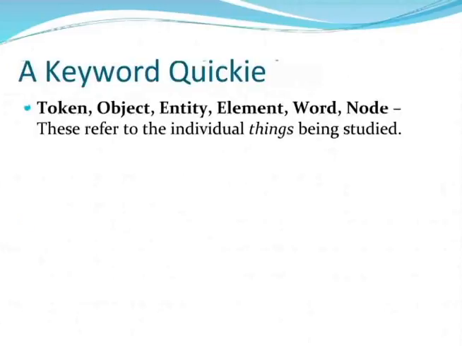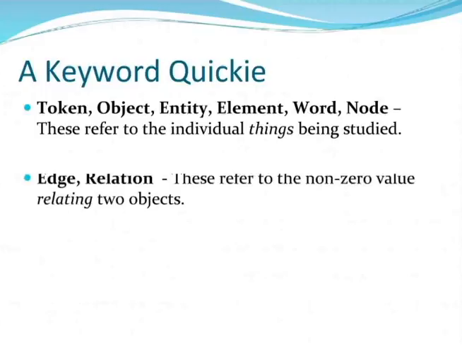Okay, for the keyword quickie. There are a lot of different ways to refer to the objects that we deal with as our data. Tokens are a common term in text analysis; for Java, objects, entities, elements. These are all the things we're studying, and I will use these terms interchangeably.